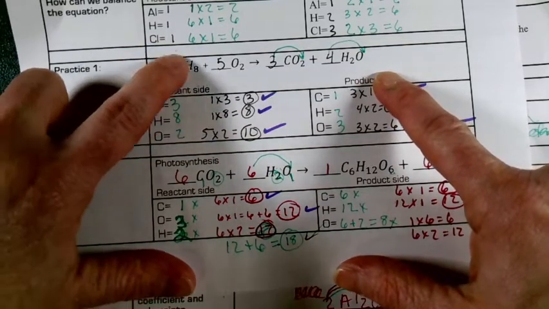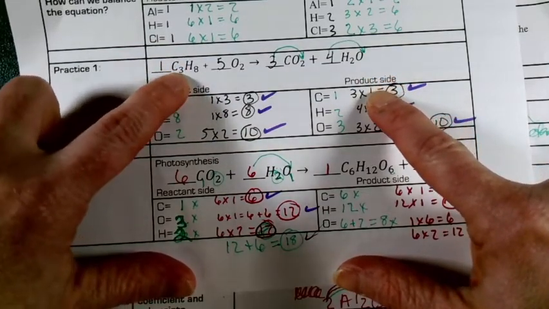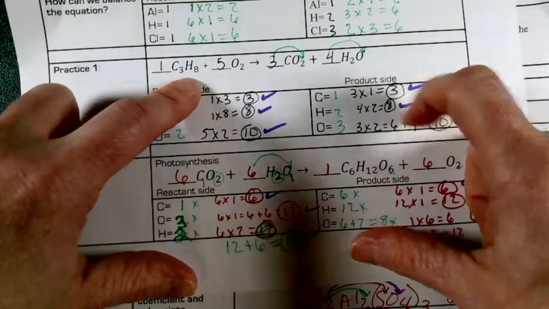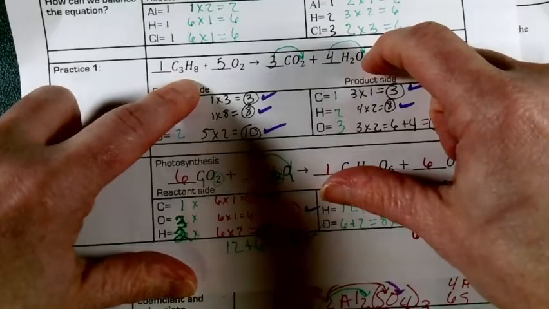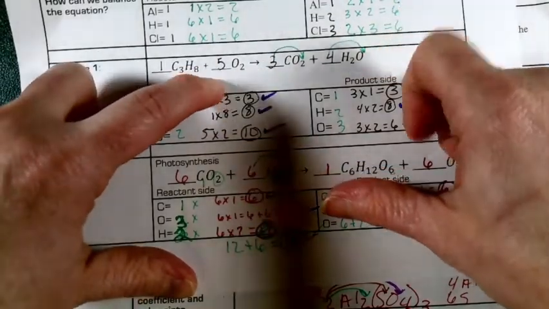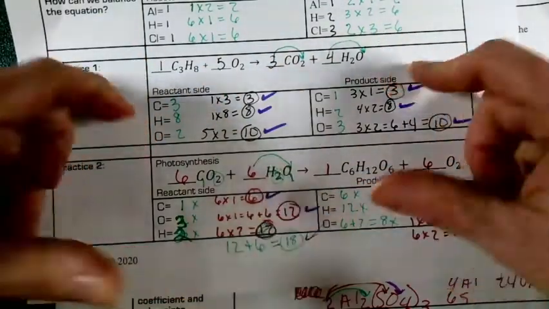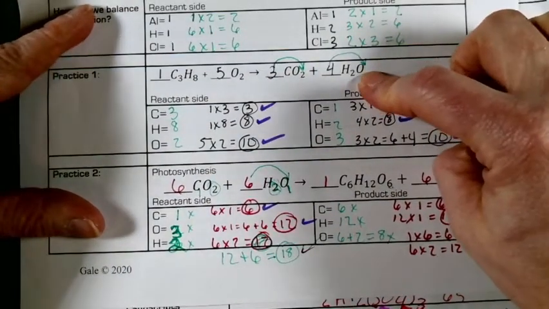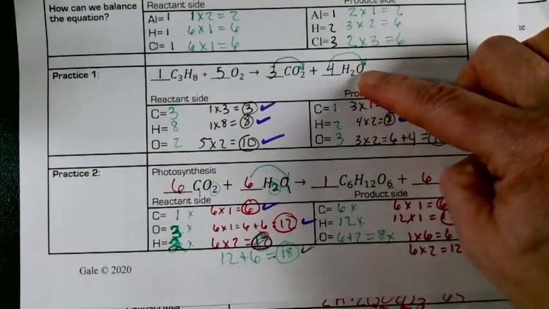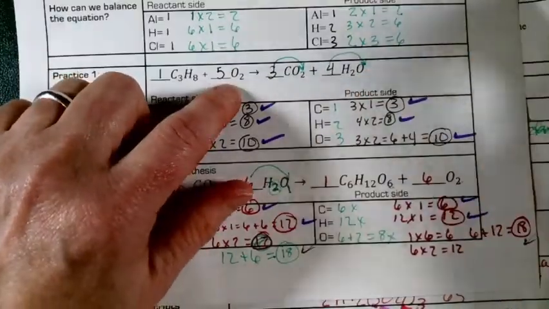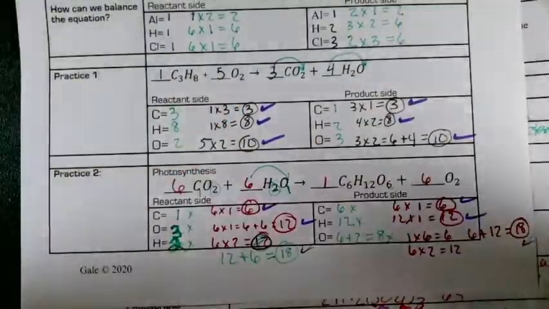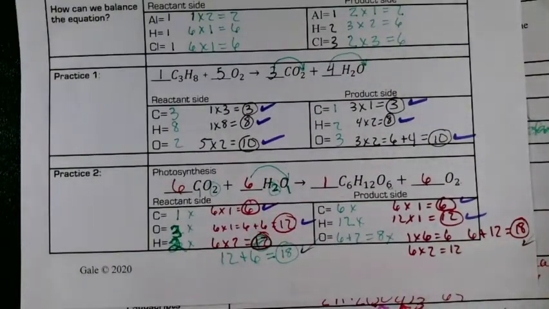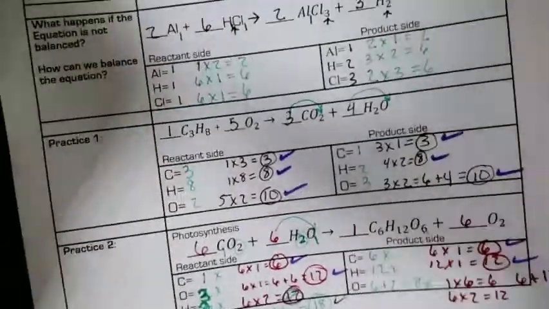What we start with for every single atom, so 3 carbons, we had to end with 3 carbons. 8 hydrogens, we had to end with 8 hydrogens. 10 oxygens, we ended with 10 oxygens. They were just in different forms. This oxygen was attached to hydrogens to produce water. On my reactant side, it was oxygen gas that we actually breathe to be able to survive. So that is balancing chemical equations.